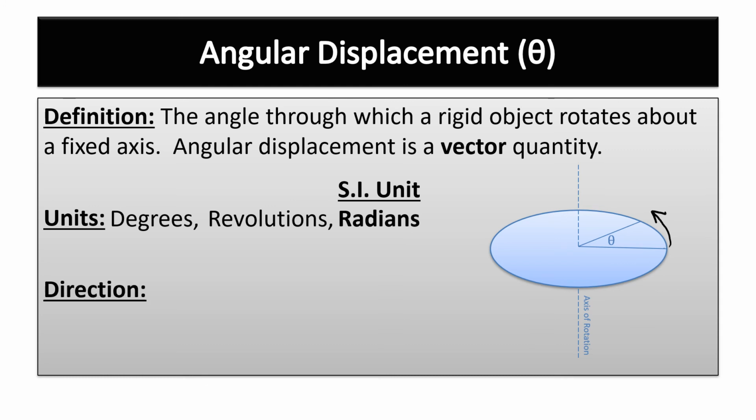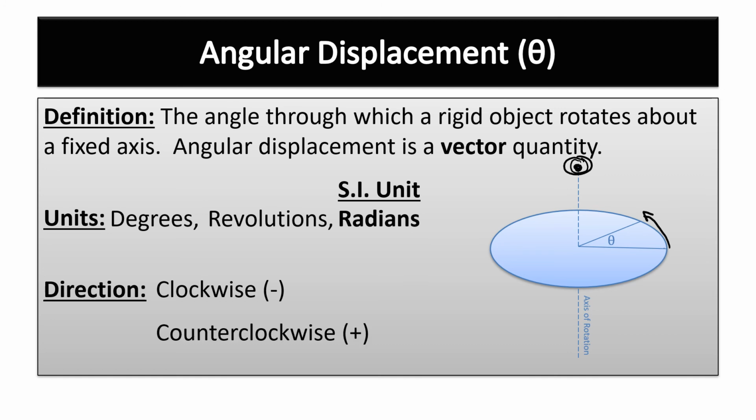So the direction, by convention, if you're looking from the top down, so here's your eye, and in this case we're looking from the top down here, and we're rotating this way. All right, would you say that's clockwise or counterclockwise? I would say that is counterclockwise, which we're going to call positive.